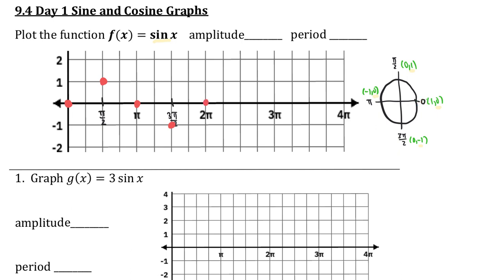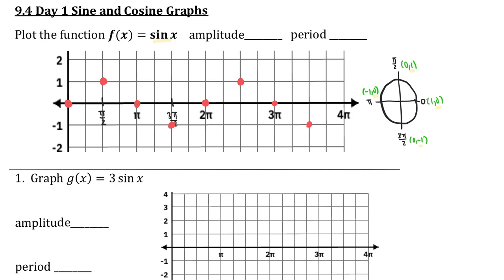Okay, now sine is periodic, so it keeps repeating itself. So I see this little pattern here. I'm going to kind of repeat this pattern. So this was 0, then it goes back up to 1 in 2 spaces. 1, 2, back up to 1. Okay, if I keep going around the circle, it goes back to 0, negative 1.